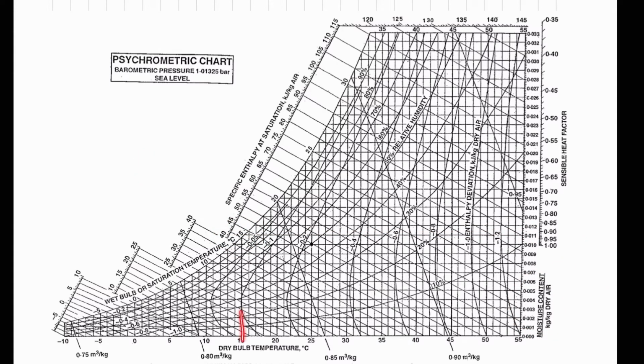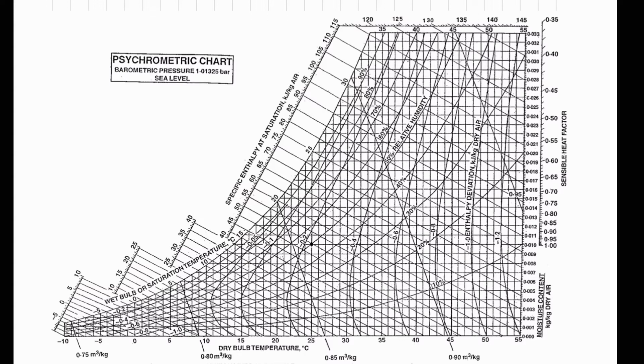Vertical lines are dry bulb temperature lines. And an inclined line, wherever it intersects the saturation curve, that is the wet bulb temperature. So for this point, what will be the wet bulb temperature? This is 15, 16, 17. So this wet bulb temperature will be 17 degrees Celsius.